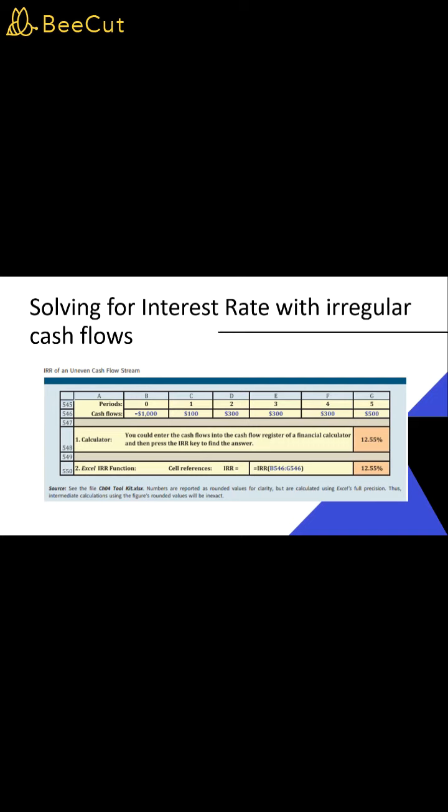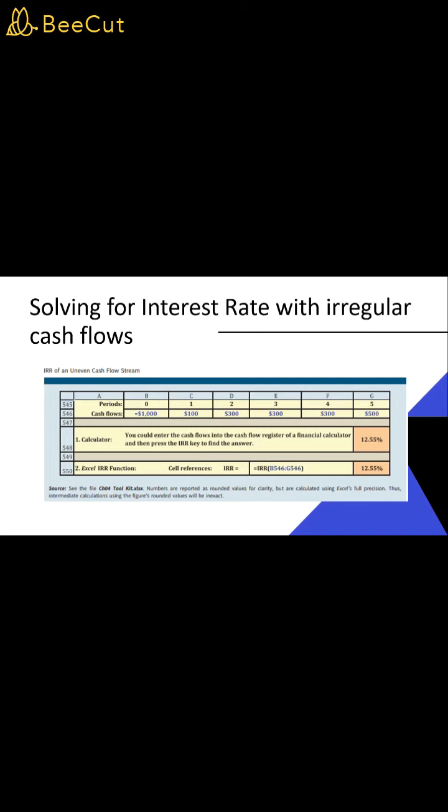In that situation, if you know what the present value is, and you are given a set of irregular cash flows and asked to find the interest rate, then you would use a functionality in Excel by the name of IRR. This stands for internal rate of return, just for your information. The way you would solve for it is you would take all of the cash flows, including the cash outflow right in the beginning, and all the inflows.